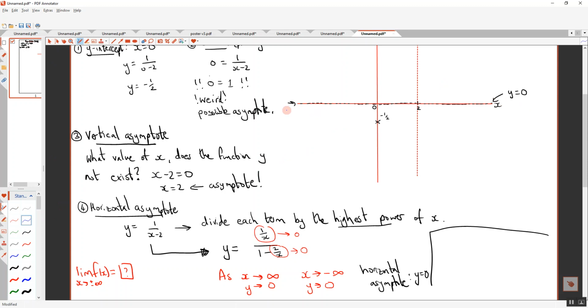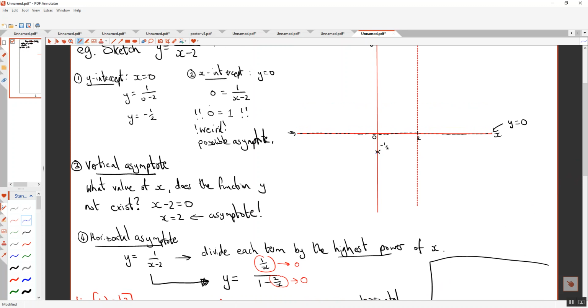Okay, so now I've got all the information I need. All right, so my graph goes through this point.